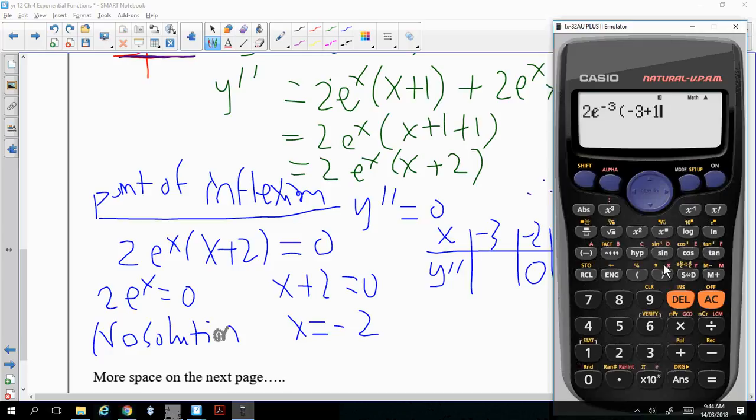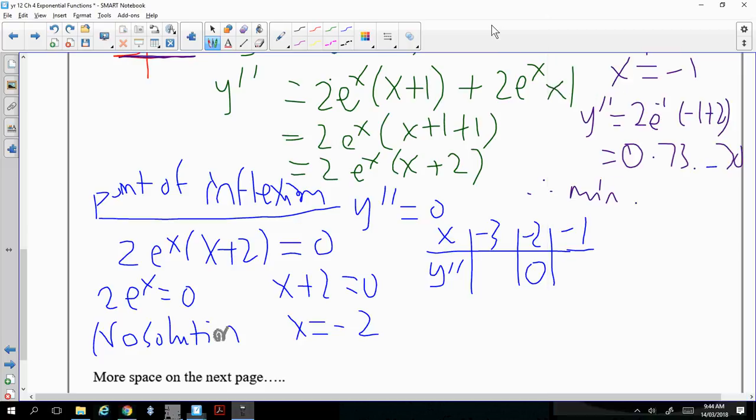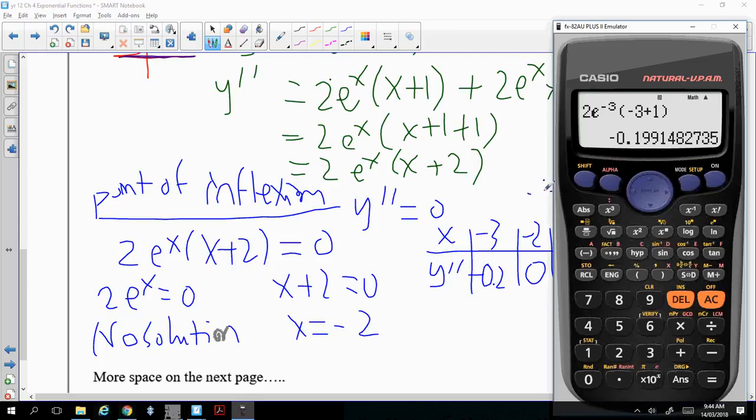So change the 3 to 1, and then you get, oh, that's a 2, sorry. So I must have got this wrong then. Let's try -3 again. Alright, -0.1, okay.